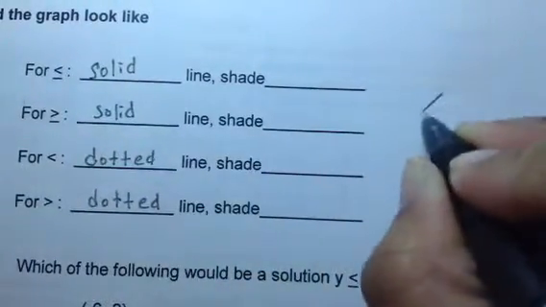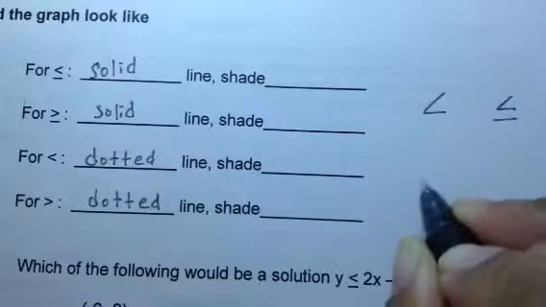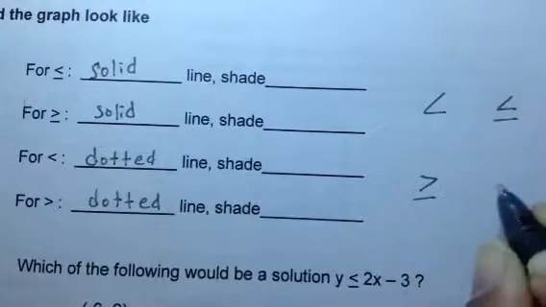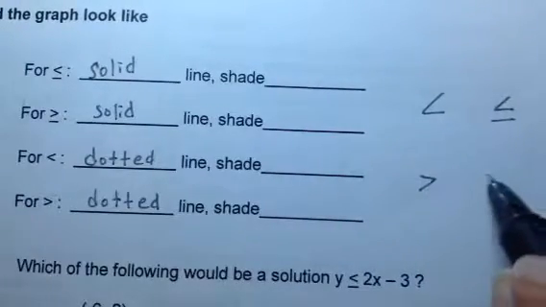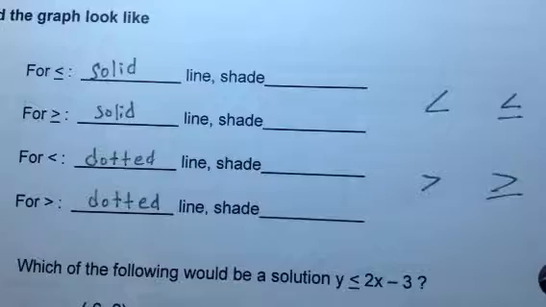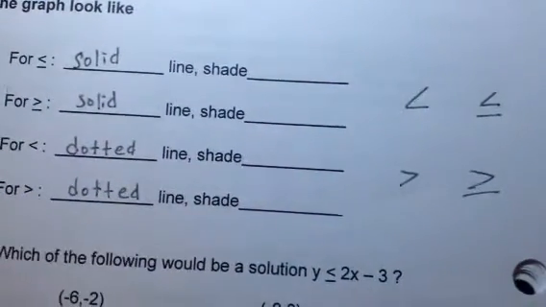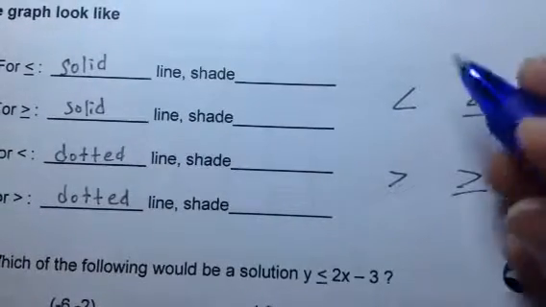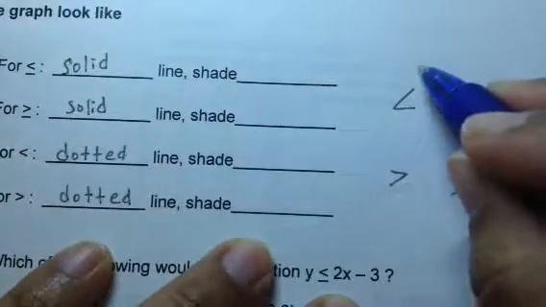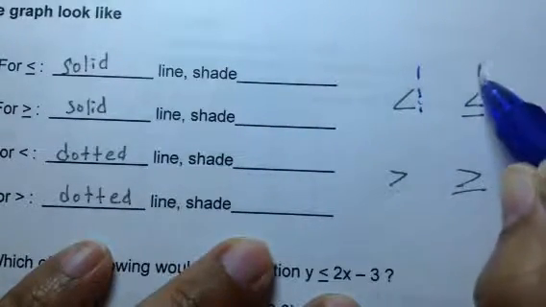Now from here, those who have had me before should remember this, but just in case. This is how I've had my students in the past remember the difference between less than and greater than in order to shade. Whether you believe in these particular two things is not what's in question.